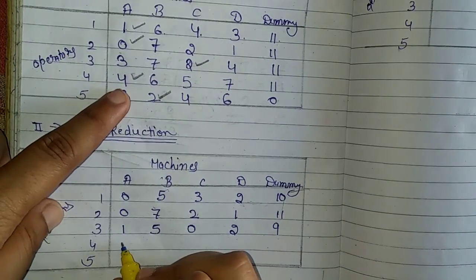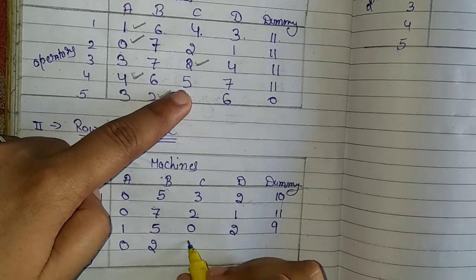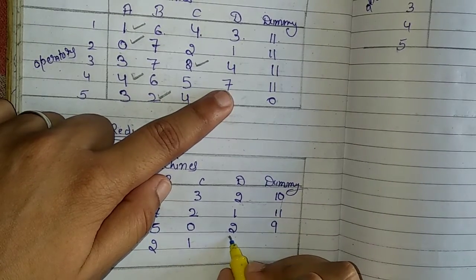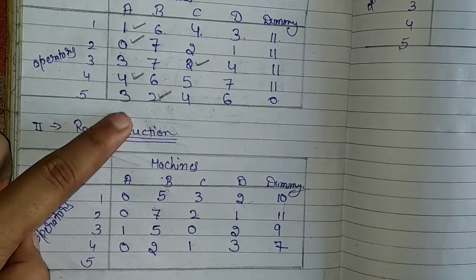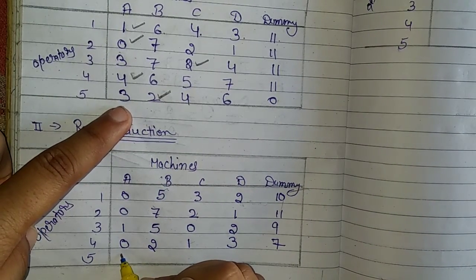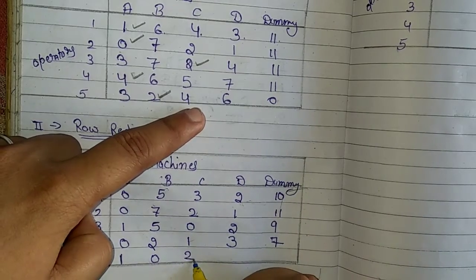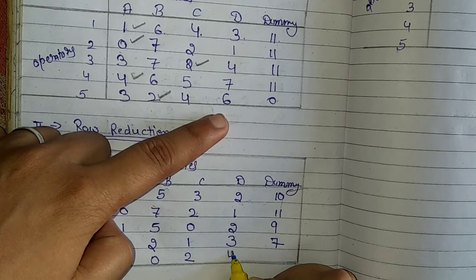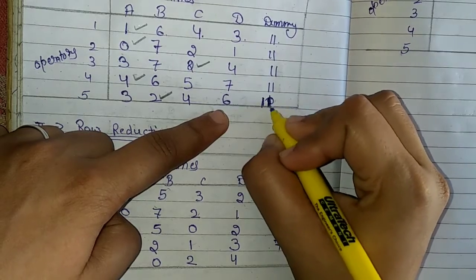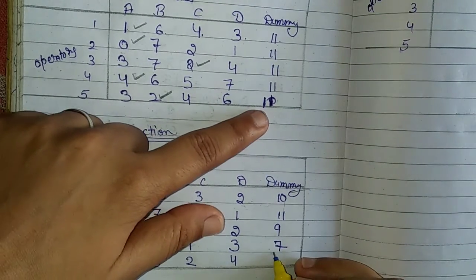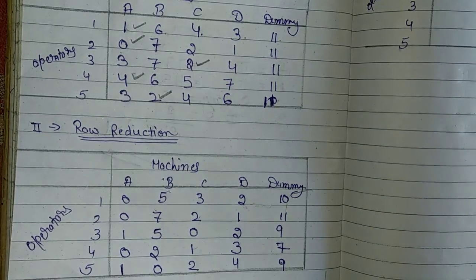Here 4 is the minimum number: 4 minus 4, 6 minus 4, 5 minus 4, 7 minus 4, 11 minus 4. Here 2 is the minimum number: 3 minus 2, 2 minus 2, 4 minus 2, 6 minus 2, 6 minus 2 and 11 minus 2. Now our row reduction is complete.